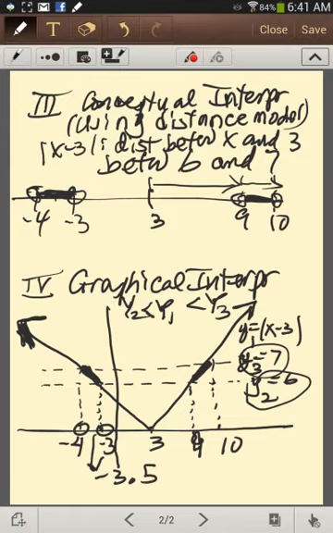So here we have a standardized test question which can lead to a variety of instructional modes, making connections, graphical interpretation, number line distance interpretation, using verbal mode.